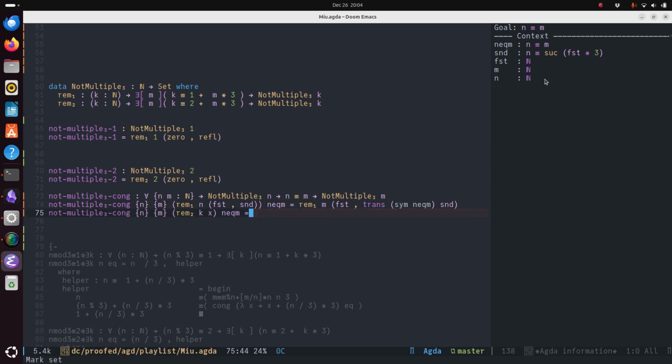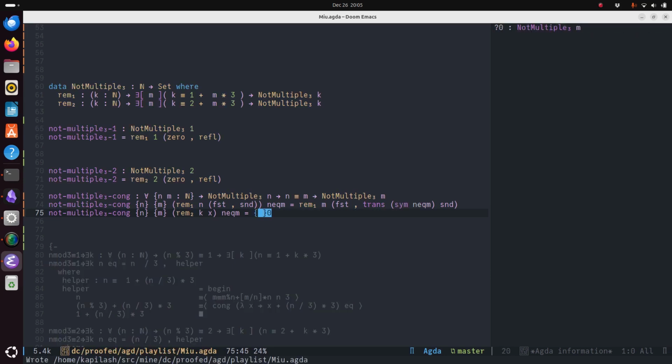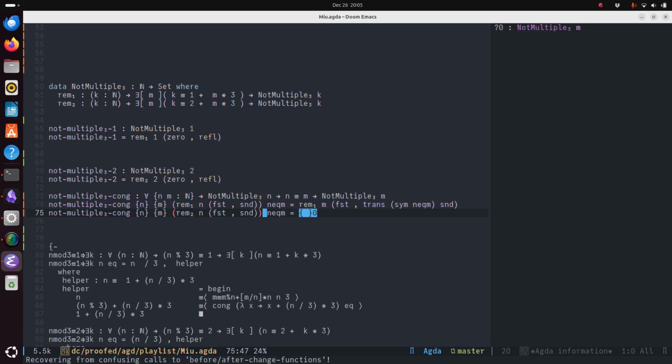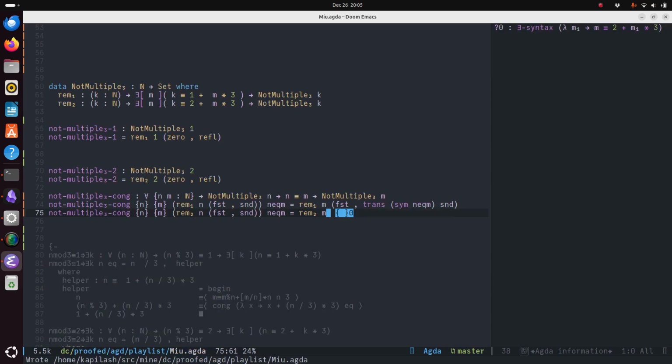Similarly, this will go the same route. Let me expand x and then I think this is equal to fst, right?